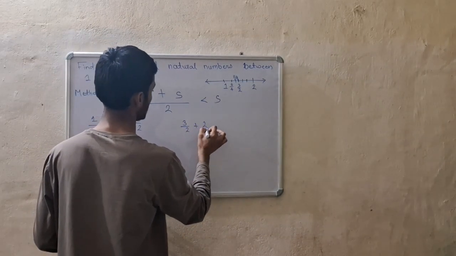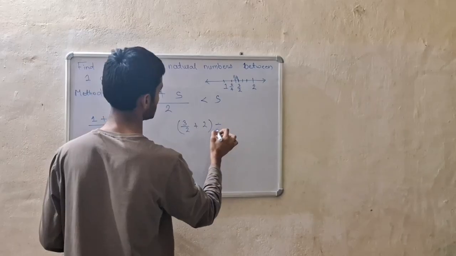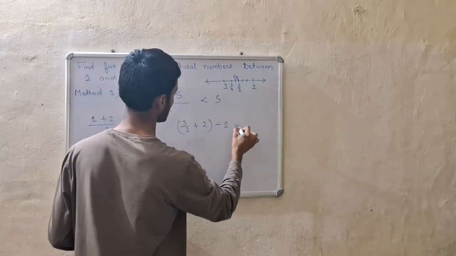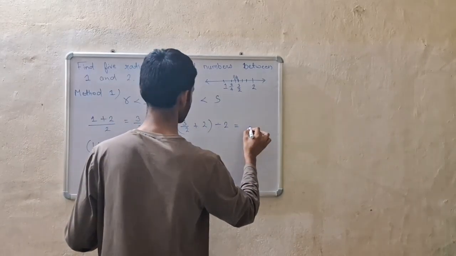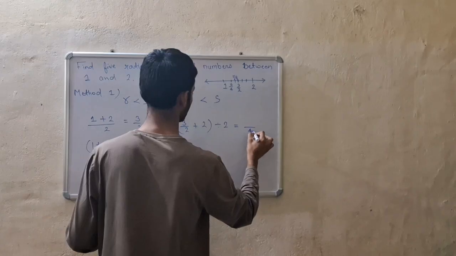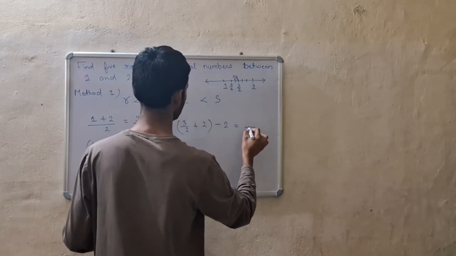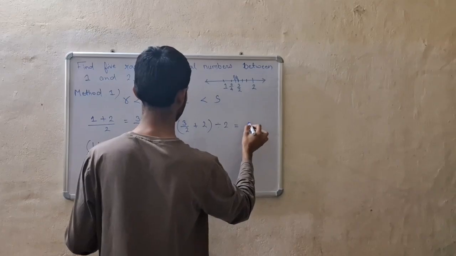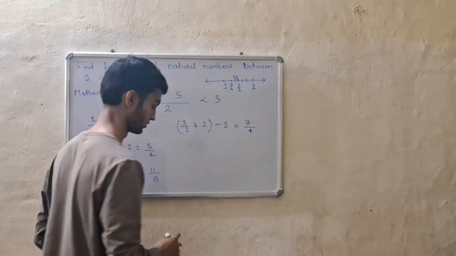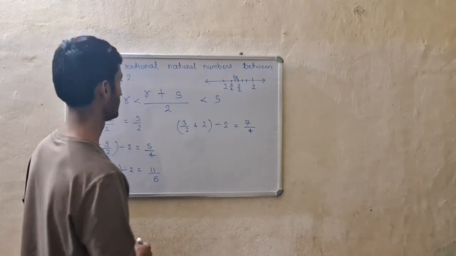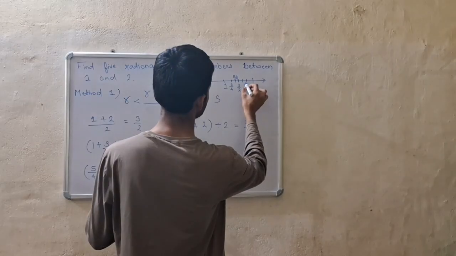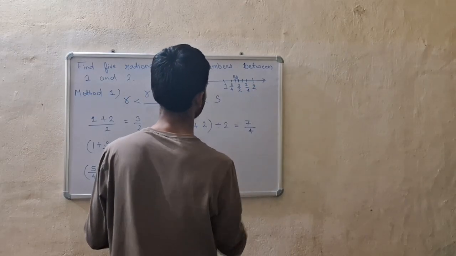So 3 upon 2 adding to it 2, dividing the sum by 2 gives you 7 by 4. So 7 by 4 lies here, right?